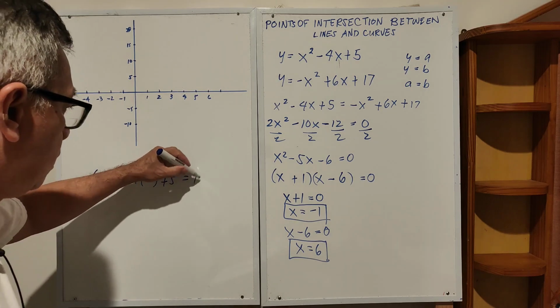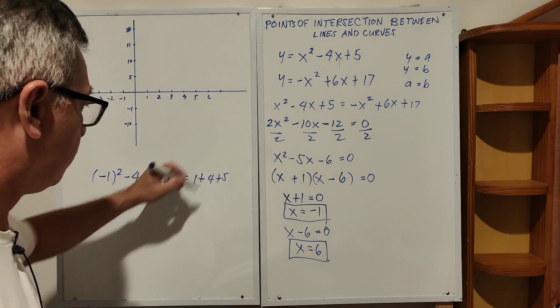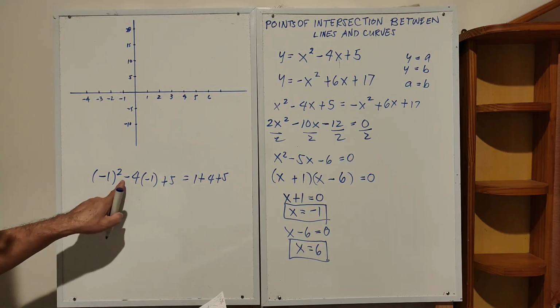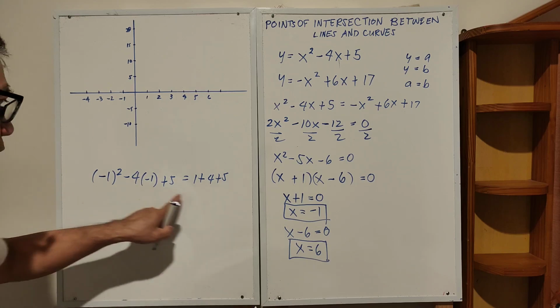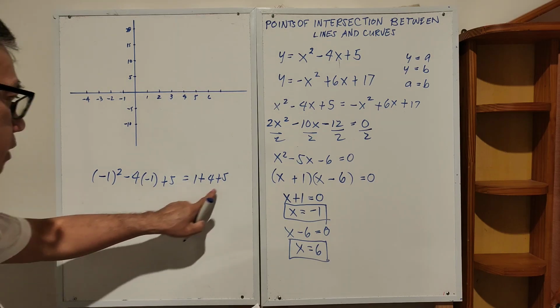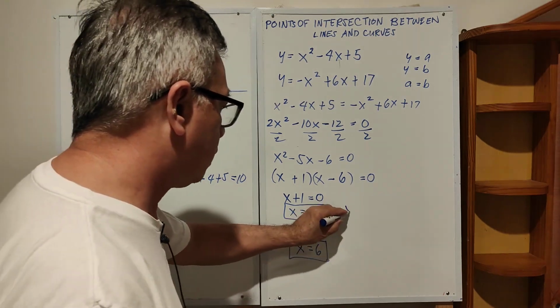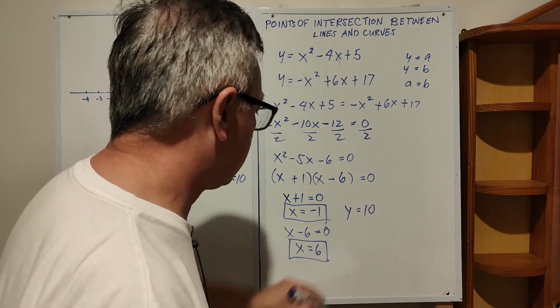Negative 1 times negative 1 is positive 1. Negative 4 times negative 1 is positive 4. Plus 5, this is 10. So if your x is negative 1, your y is 10.